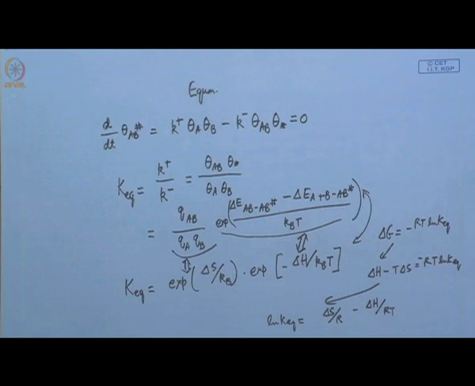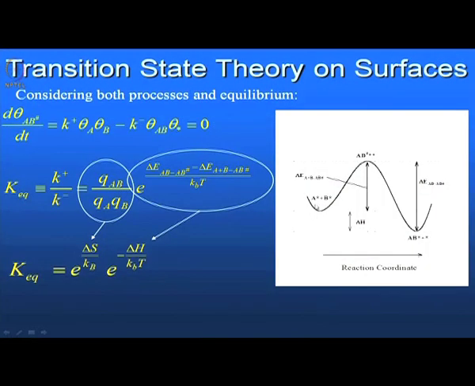So, if we look at the diagrammatic representation, this is your potential well for A star plus B star. This is your activated complex, or transition state, AB double dagger.